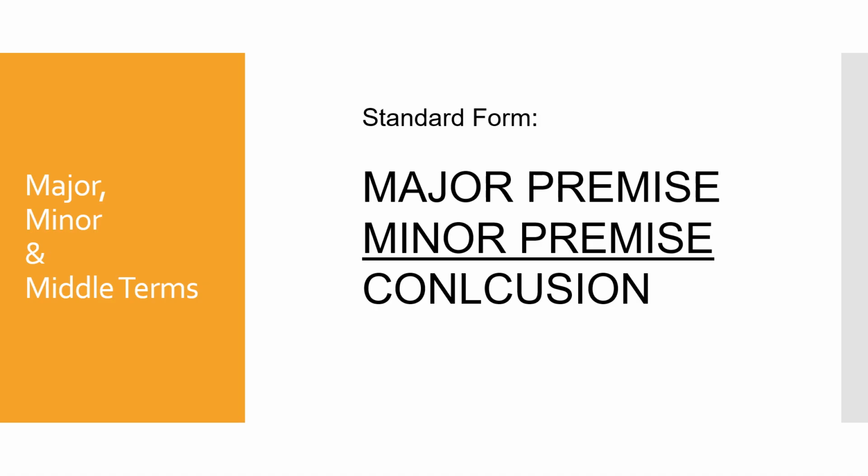Again, major premise, minor premise, conclusion in that order is standard form. And of course, how you determine the major and minor premise is by simply looking at your conclusion and determining what the subject is and what the predicate is. The predicate is your major term, the subject is your minor term.